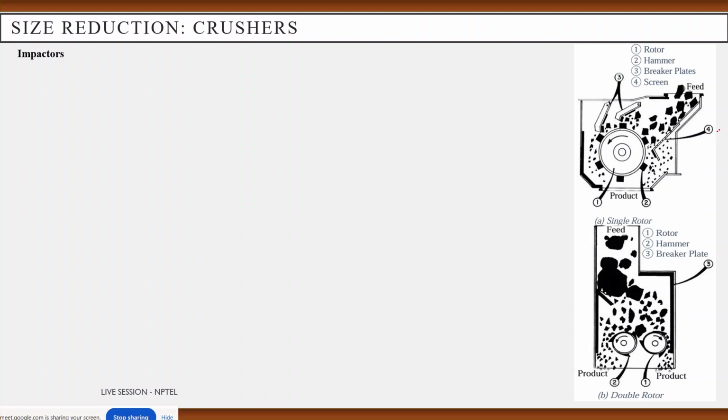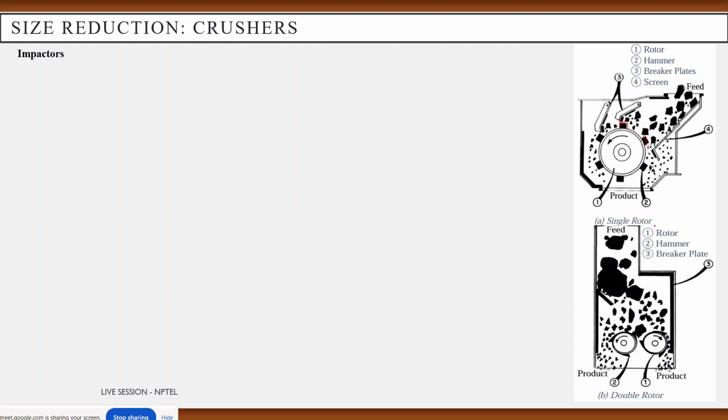So you can see this is the typical picture for the impact crusher. Here is the rotor and here are the hammers, which make impact forces and break down the larger feed particles into smaller particles, and the products are collected at the bottom.